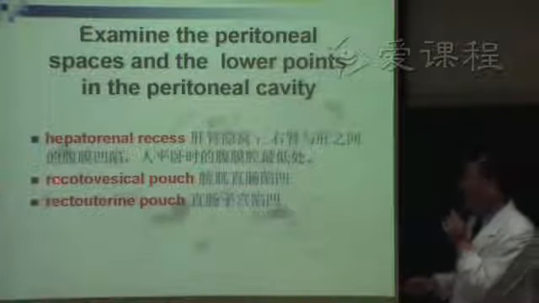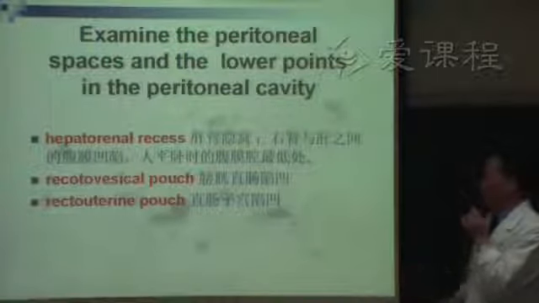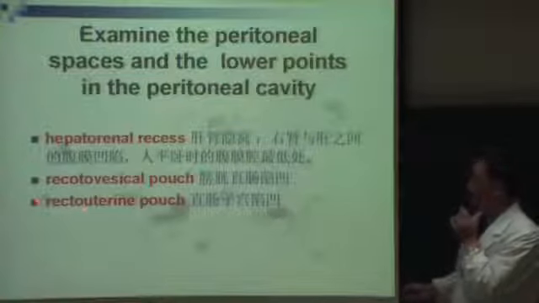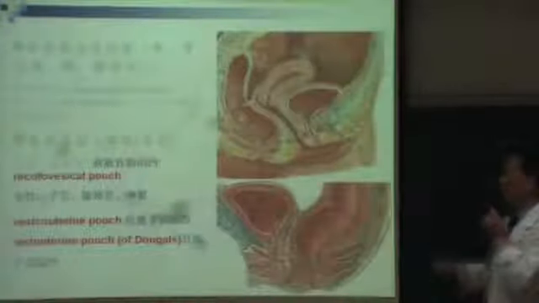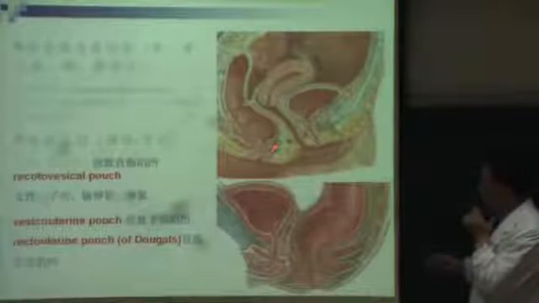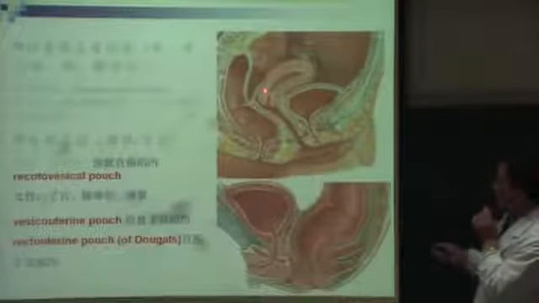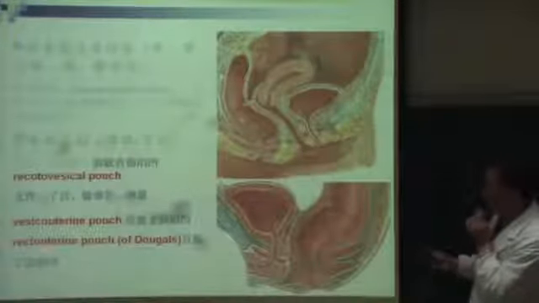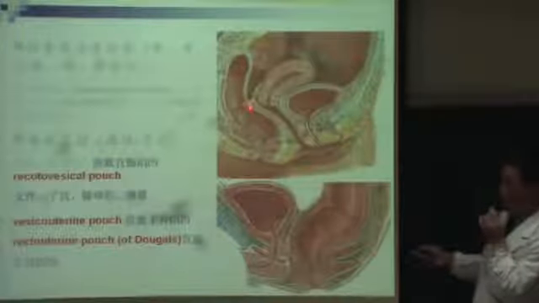One is called the rectovesical pouch, and another is the rectouterine pouch. We can see from these pictures. Okay. In females, you can see this pouch is called the rectouterine pouch here.